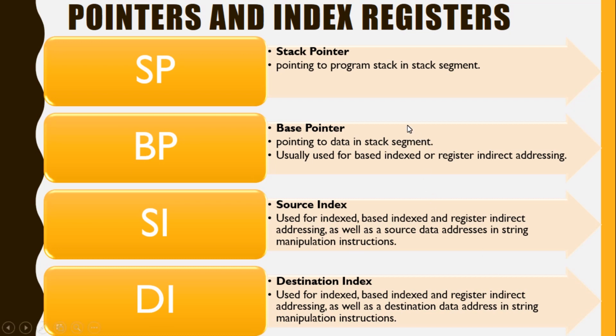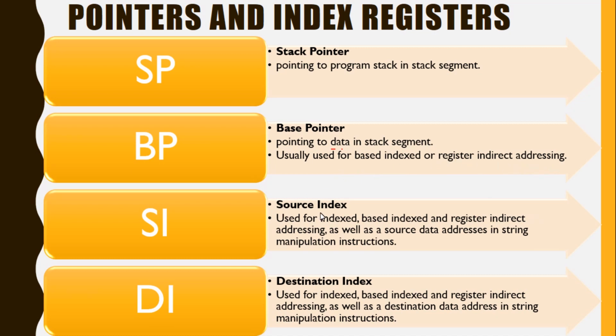SP stands for stack pointer, BP stands for base pointer, SI stands for source index and DI stands for destination index. SP, the stack pointer, points to the program stack in the stack segment. Base pointer points to the data used for based, indexed or register indirect addressing.